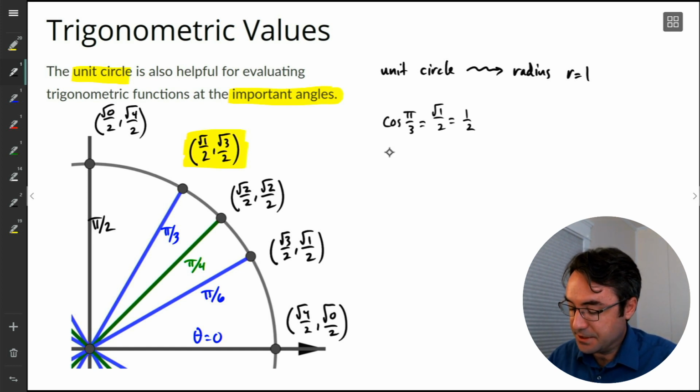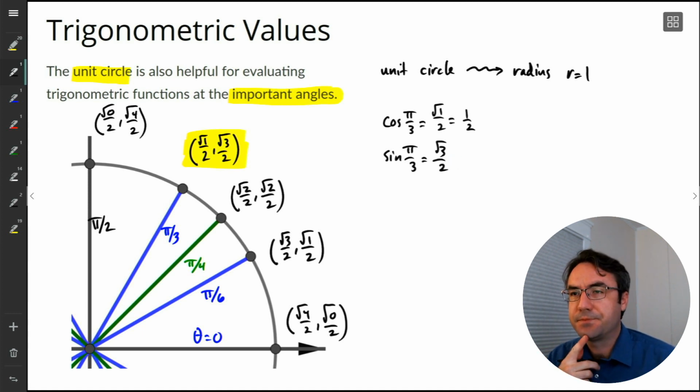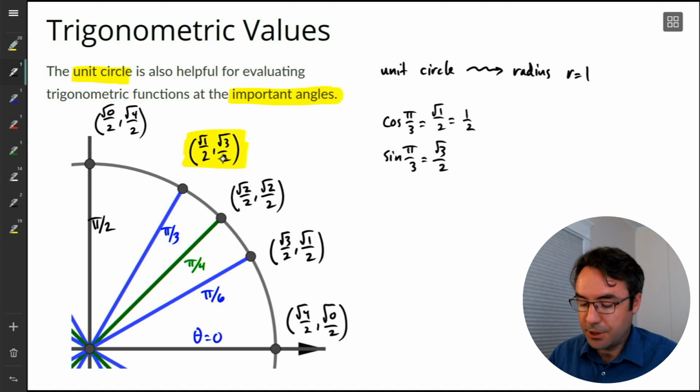And then it's telling us sine of pi over 3 is equal to square root 3 over 2. And that really doesn't simplify any further. So that's how we're interpreting these points. The first coordinate is the cosine value at pi over 3. The second coordinate is the sine value at pi over 3.